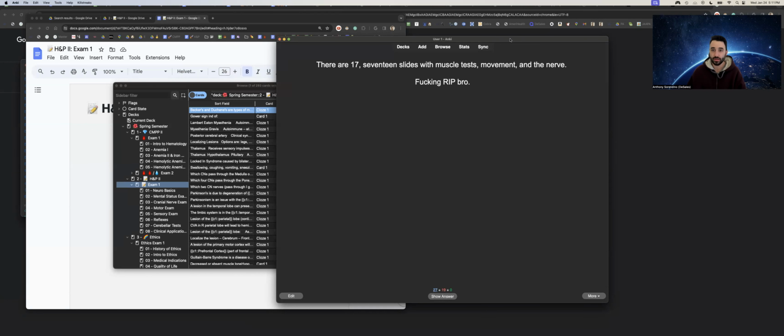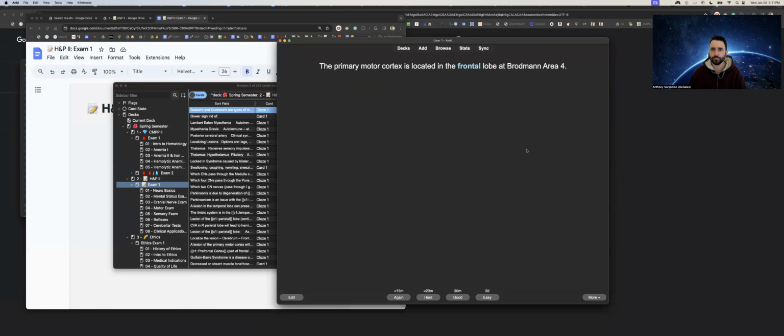What's happening here? The primary motor cortex is located in a blank lobe at Brodmann area 4. Primary motor cortex, it's the frontal lobe. Brodmann area 4. What is that? I've never heard of that in my life. Brodmann is only mentioned once.